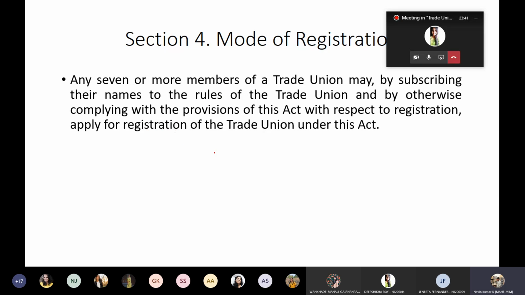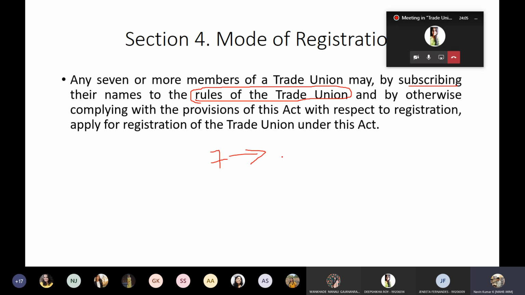Here, if you want to register your union, 7 members should subscribe your names to the rules of the trade union. You should form rules of the trade union and 7 or more members. What does it say? So in order to form a union, at least there must be 7 or more people.